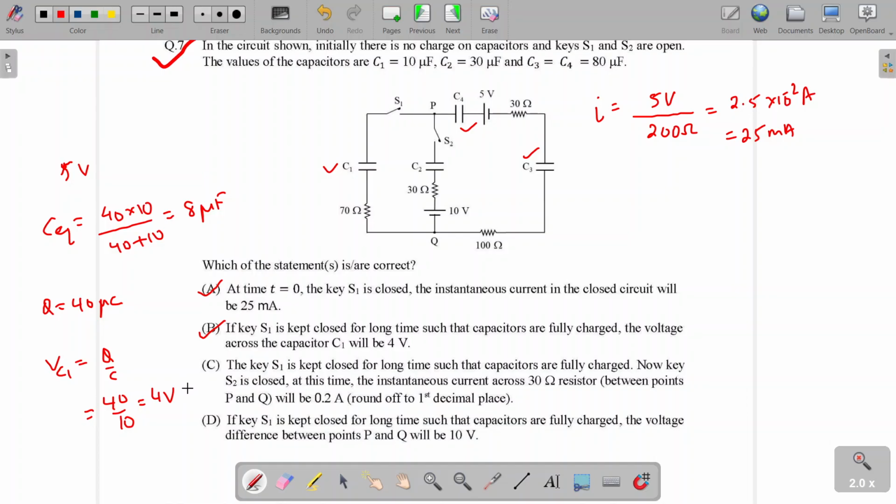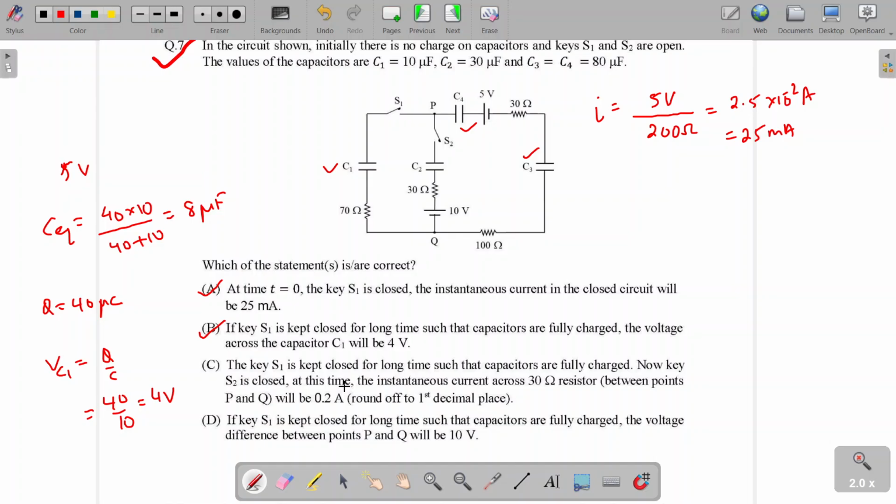Now we have option C. In option C we have closed S1. Now when S1 is kept closed for a long time such that the capacitors are fully charged, now key S2 is closed. At this time the instantaneous current across 30 ohm resistor between P and Q will be.